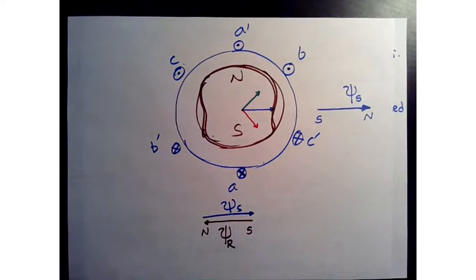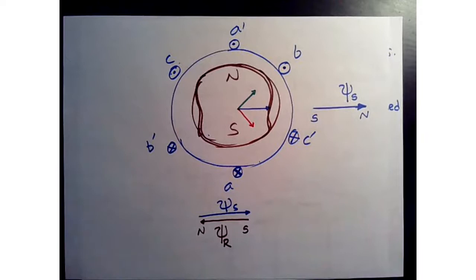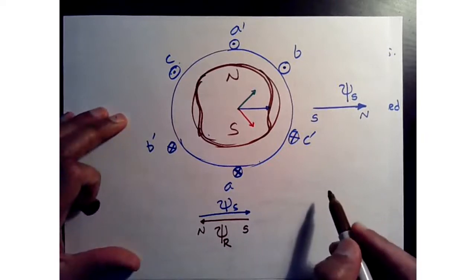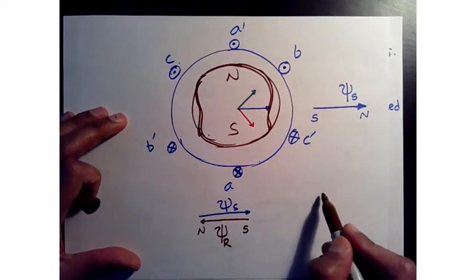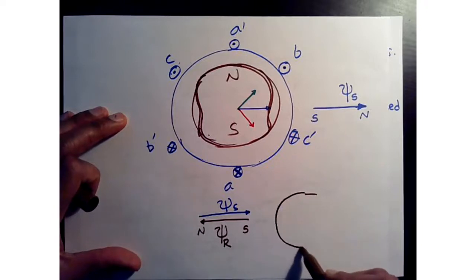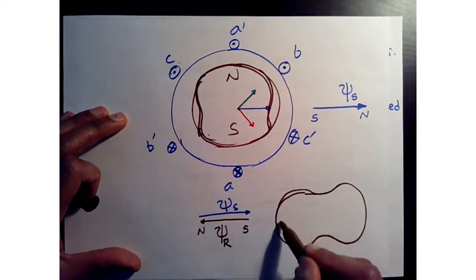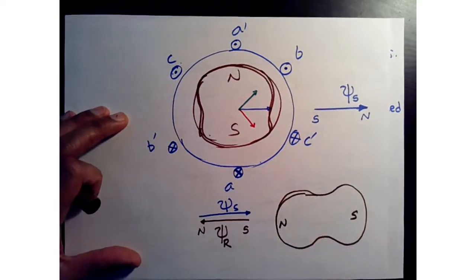These are DC fluxes. It's going to stay in position like that. Okay. All right. So that means my rotor will align in this orientation, right? So it's going to align like that, north and south.